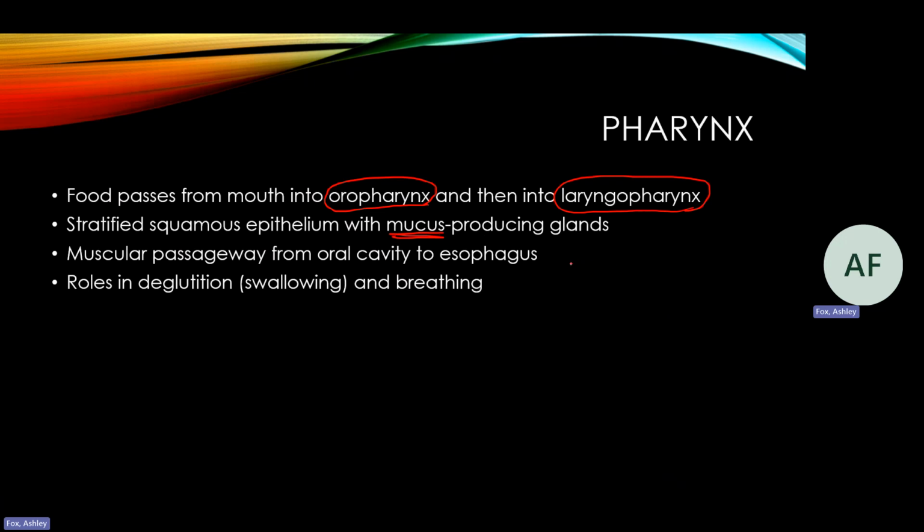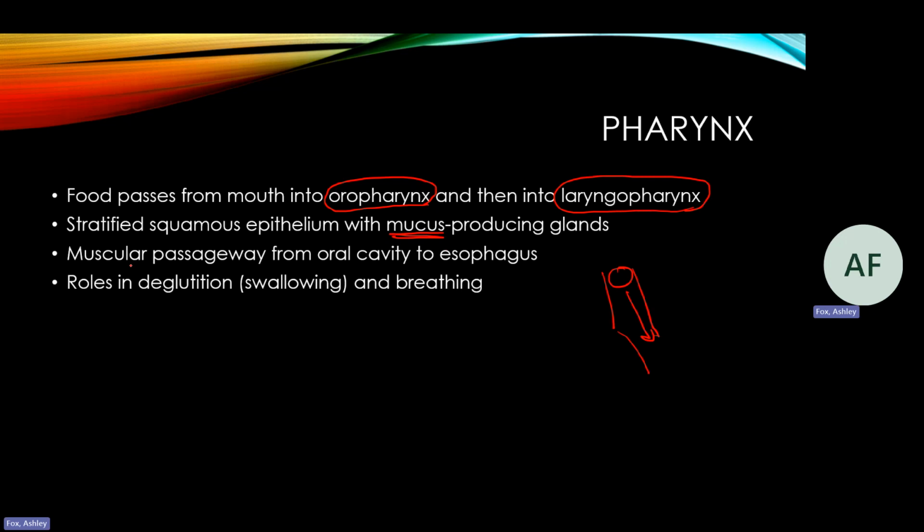You want the protective nature of the stratified squamous epithelium, but mucus makes it slippery so that it can slide through, because the pharynx is the connection to the esophagus. You want the bolus of food just to slide down to the esophagus. So mucus is going to help, and it's another protective part as well because it can be rough and damaging.